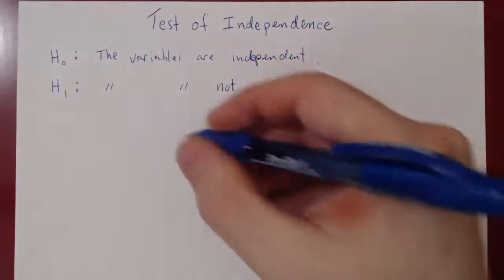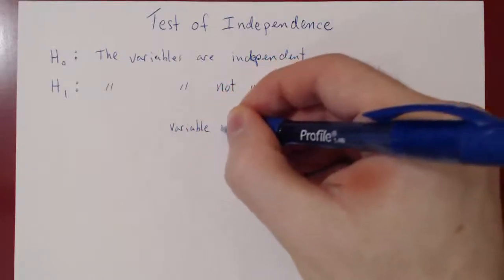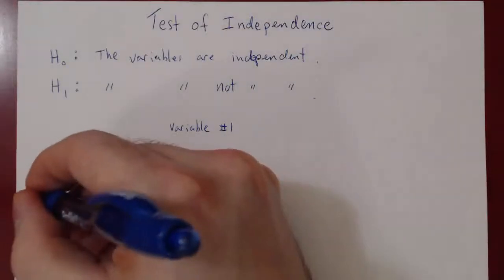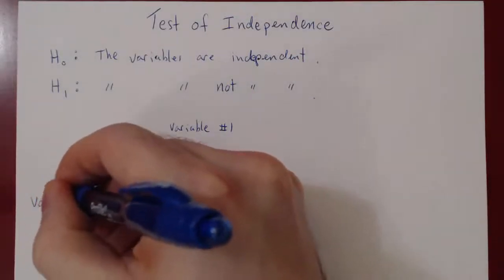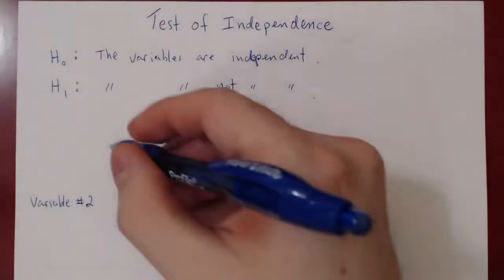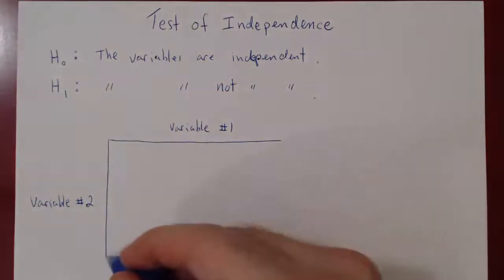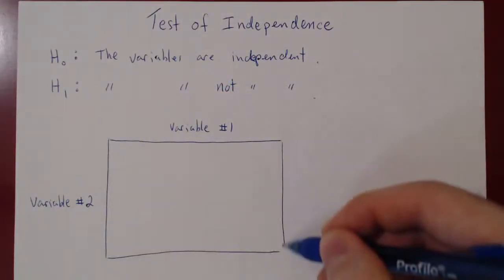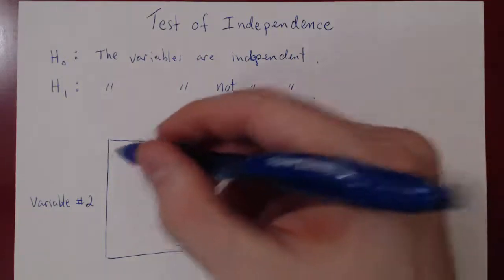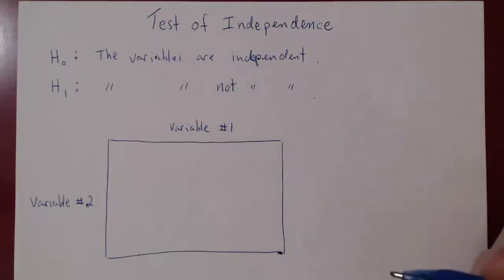So you can imagine variable number 1 and then variable number 2. And we arrange the observations in a table. Let's just assume that right now we are looking at gender and favorite color.